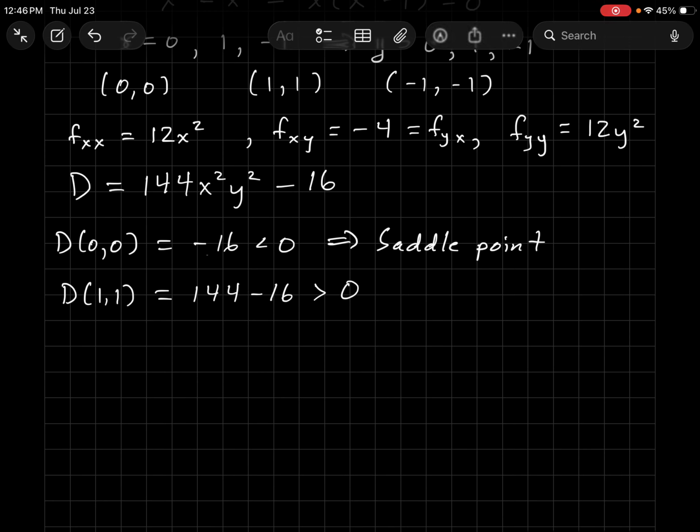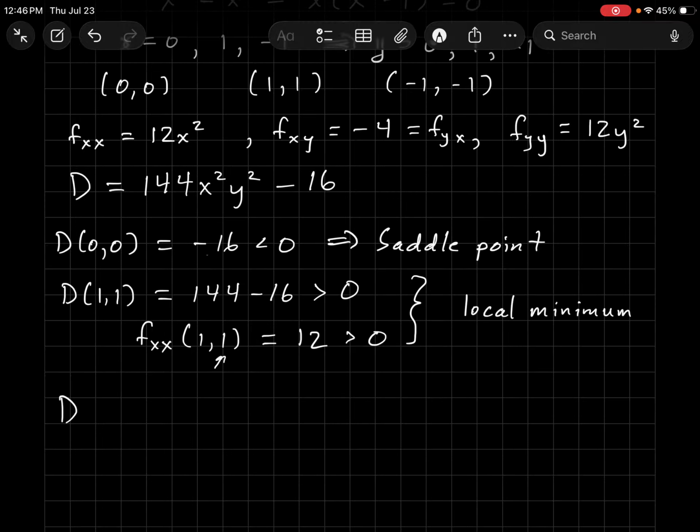So we need to do a little bit more work. We need to find f_xx at that same point, which is going to be 12. I don't even need the y value, but I put it there anyways, which is also positive. So the combination of these two tells us this will be a local minimum.